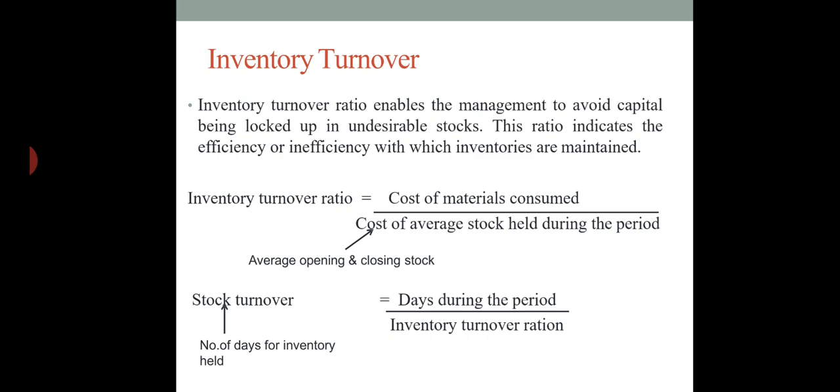For that, the formula is inventory turnover ratio: cost of material consumed divided by cost of average stock. The formula for calculating cost of material consumed is opening stock of raw materials plus purchases during the year minus closing stock.